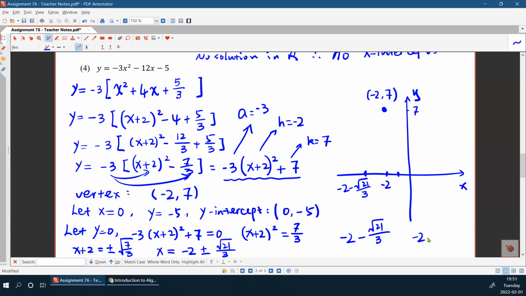And now let's consider positive 2 plus square root 21 over 3. And because square root of 21 over 3 is less than 2, right? Because if this number is 2, the number here should be at least 6.